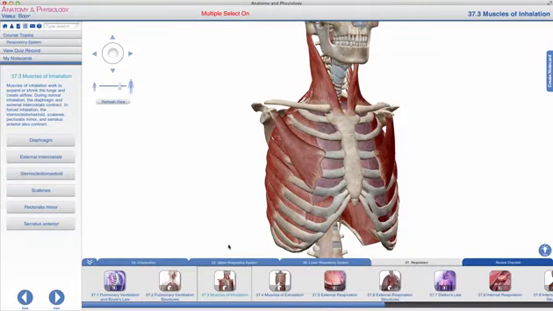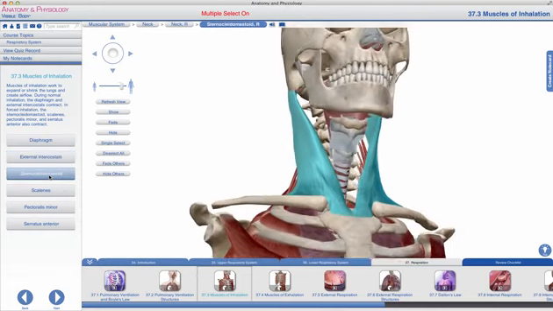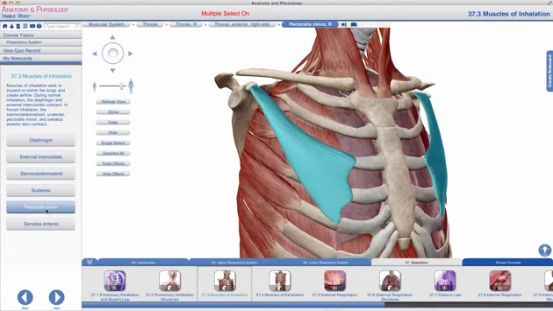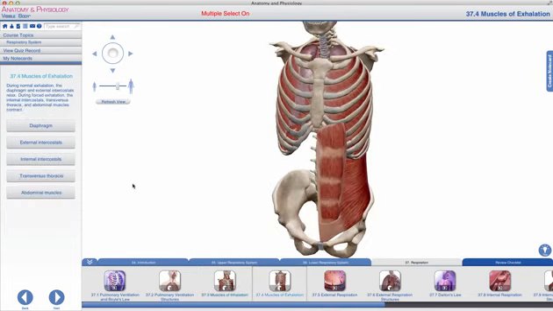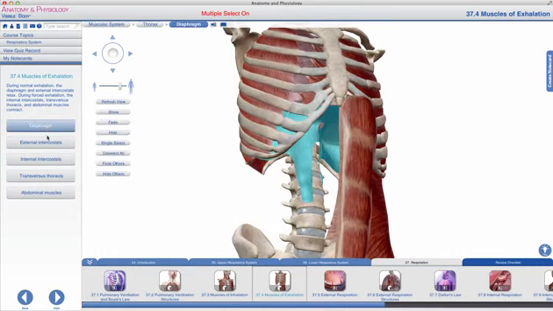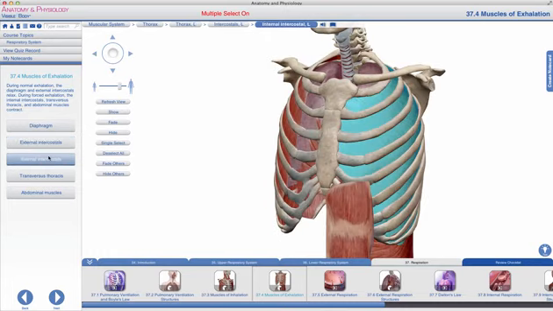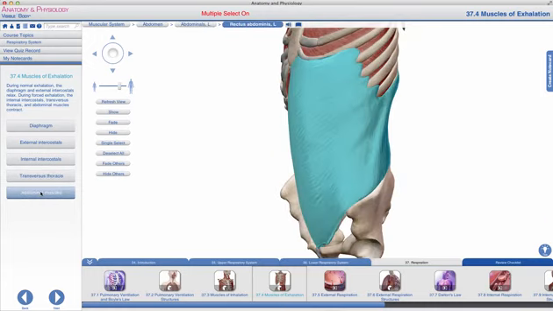And you can review here using this tab that those muscles associated with inhalation include the diaphragm, the external intercostals, the sternocleidomastoid, the scalenes group, the pectoralis minor, and the serratus anterior, while those muscles associated with exhalation would include some duplicates, again the diaphragm and the external intercostals, but additionally internal intercostals, transversus thoracis, and your abdominal muscles.